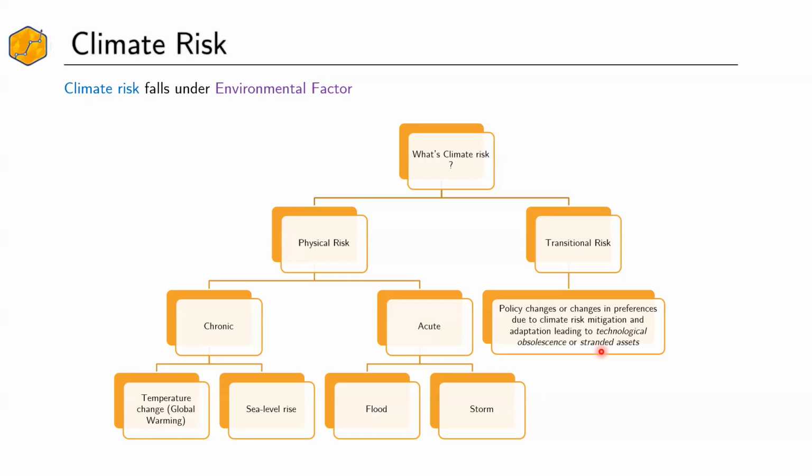There is another interesting source which has to do with customer sentiment. So we talked about regulatory pressure. We talked about technological obsolescence. Technology becomes obsolete because there is no demand. The other is customer sentiment.